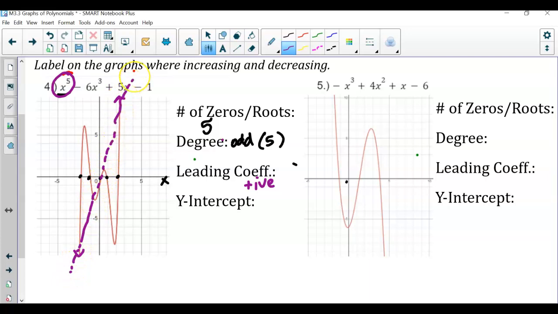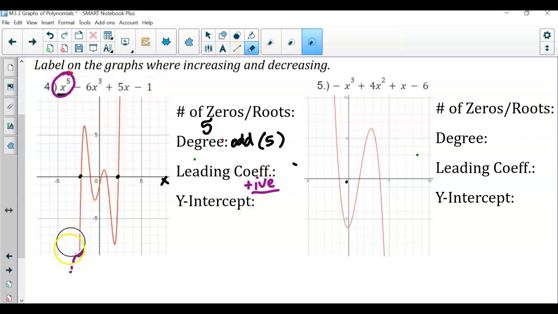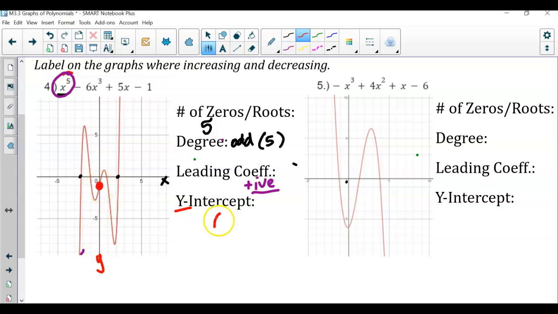I'm going up. So that's also a way to see that I have a leading coefficient that's positive without my equation. And the y-intercept. Well, again, here, where is our graph crossing the y-axis? Right here at -1. So 0, -1.